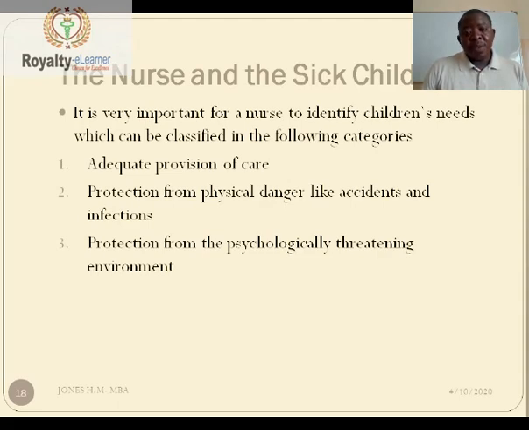So in an abusive environment, the child may be affected emotionally. So you, the nurse, with the sick child, can identify the problem where this is concerned and offer some kind of protection from psychologically threatening environments. And here, this may call for collaboration with other professionals.